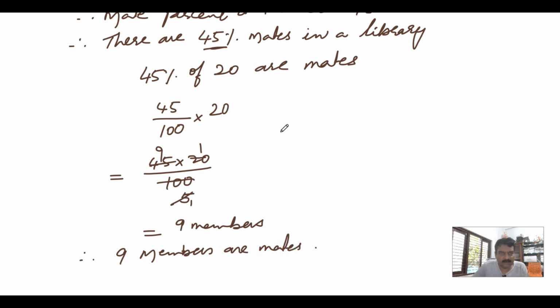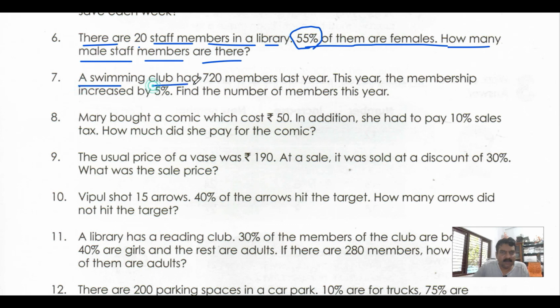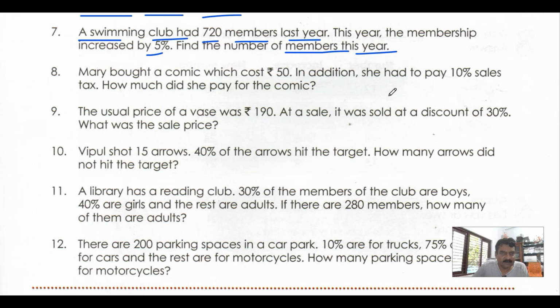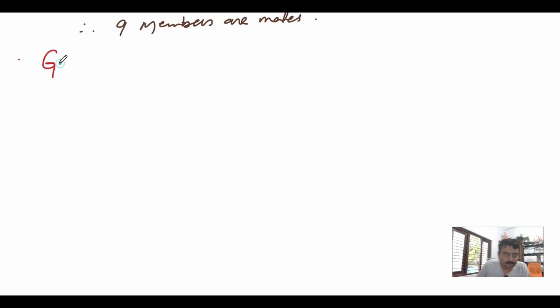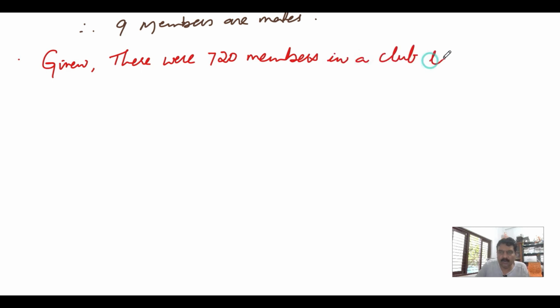This is your answer. A swimming club had 720 members last year. This year the membership increased by 5%. Find the number of members this year. Let's write down this. Given there were 720 members in a club last year.